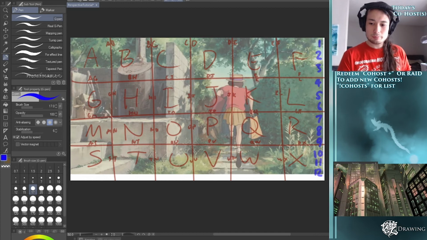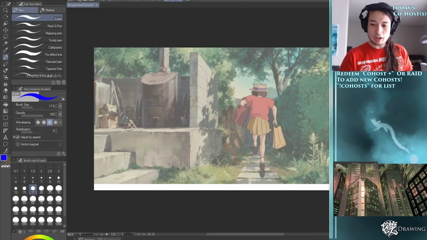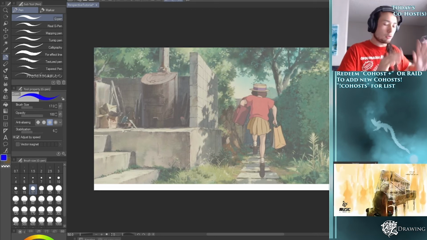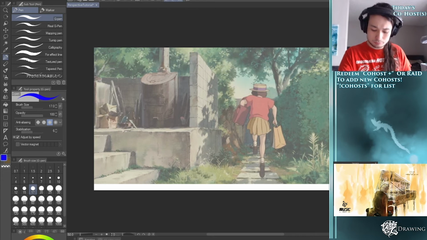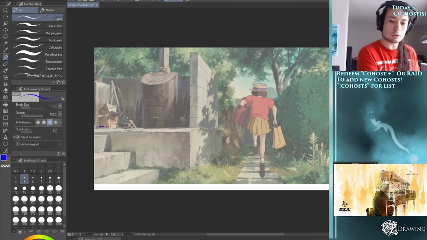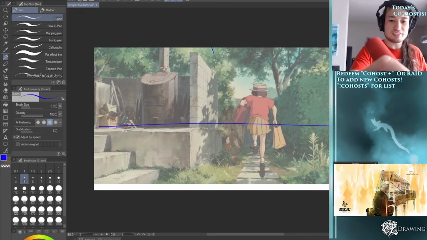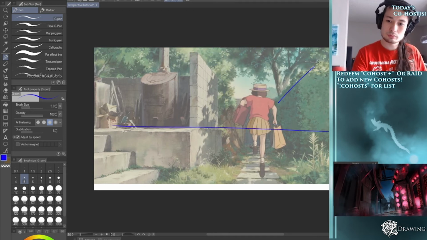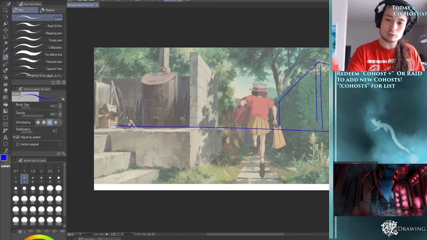So here's the thing. The horizon line has this lovely quality of showing us when we can see something above or below, right? Above the horizon line, you're going to be looking down on something. You can no longer see the top side of it.